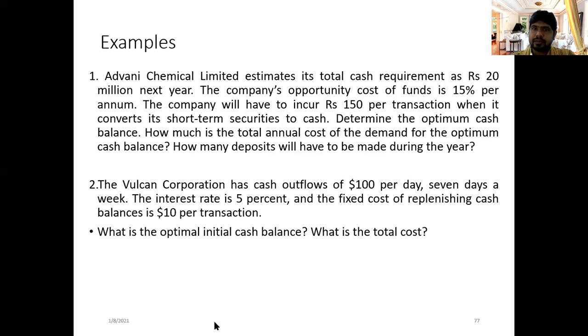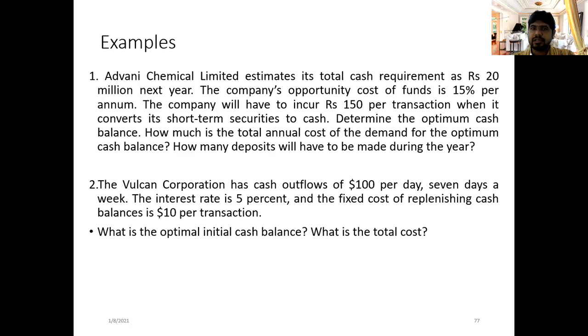So the annual demand is given here. How much? The company has a total cash requirement of 20 million. 20 million is the annual demand for cash, and the opportunity cost is 15%.